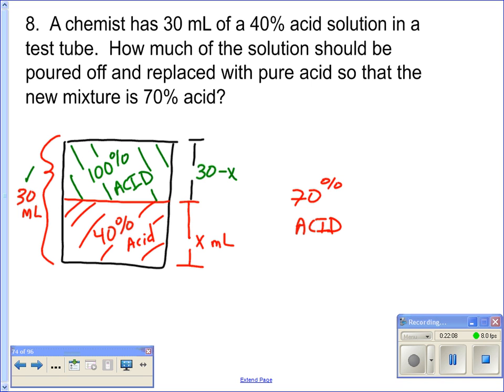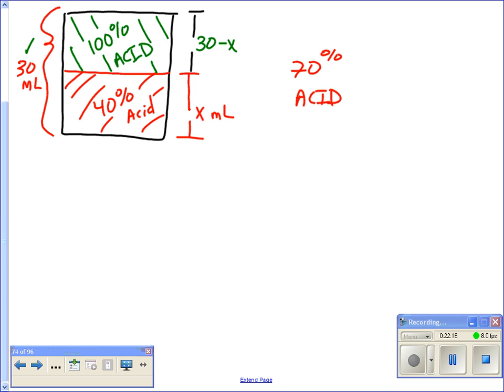All right, now we need to put that together in an equation. What we want is for the percentage to be 70%. Okay, we want the percentage to be 70%. So you have to think, how do you come up with a percentage? Well, it's part over whole is all it is. So we get part over the whole. The whole is 30 milliliters. You know that. The part that is going to be acid is the 100% acid piece, which is going to be 1.